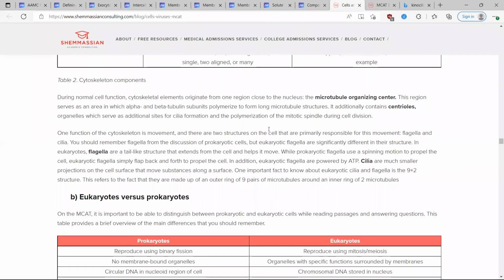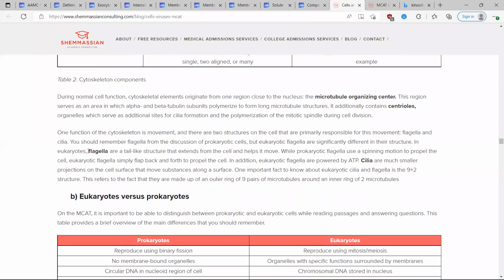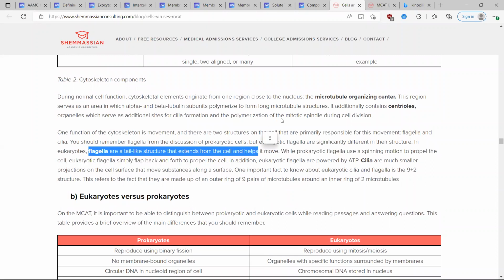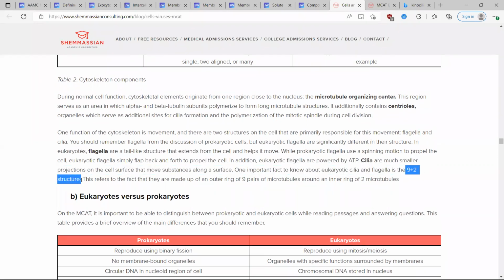Basically, in eukaryotes, the flagellum is like a little tail, right? You see it in sperm. They're powered by ATP, but there's a microtubule structure inside that has the 9+2 structure.